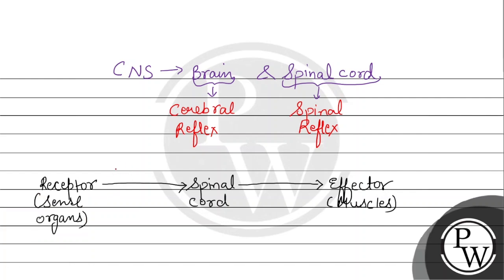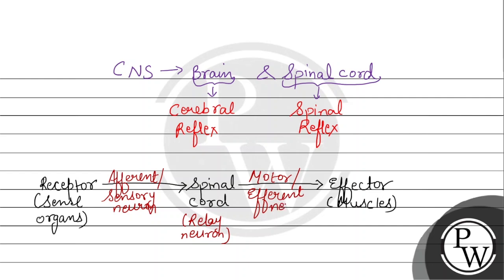So the receptor sends the message through the sensory neuron, और ये मैसेज जाता है कहाँ पे, स्पाइनल कॉर्ड के अंदर. स्पाइनल कॉर्ड के अंदर प्रेजेंट होते हैं रिले न्यूरॉन, जो कि इस मैसेज को सिर्फ कन्वे करने का काम करेगा टू द मोटर न्यूरॉन. सो स्पाइनल कॉर्ड से मोटर न्यूरॉन, और we can say the efferent neuron goes out and takes the message to the effector area.